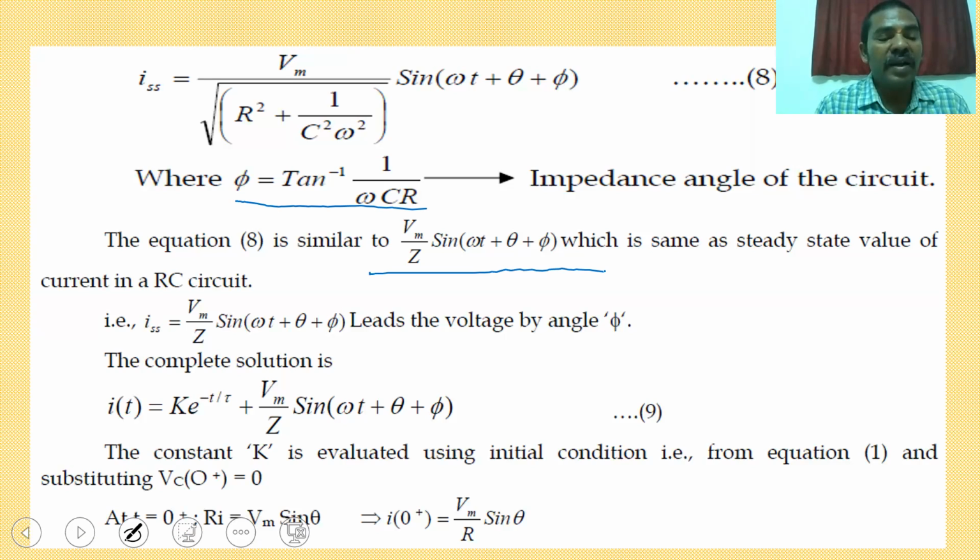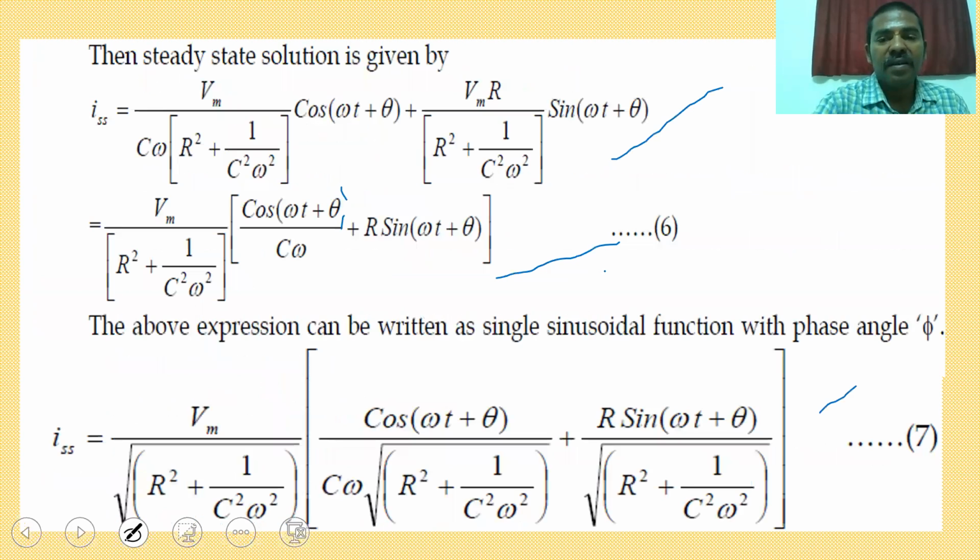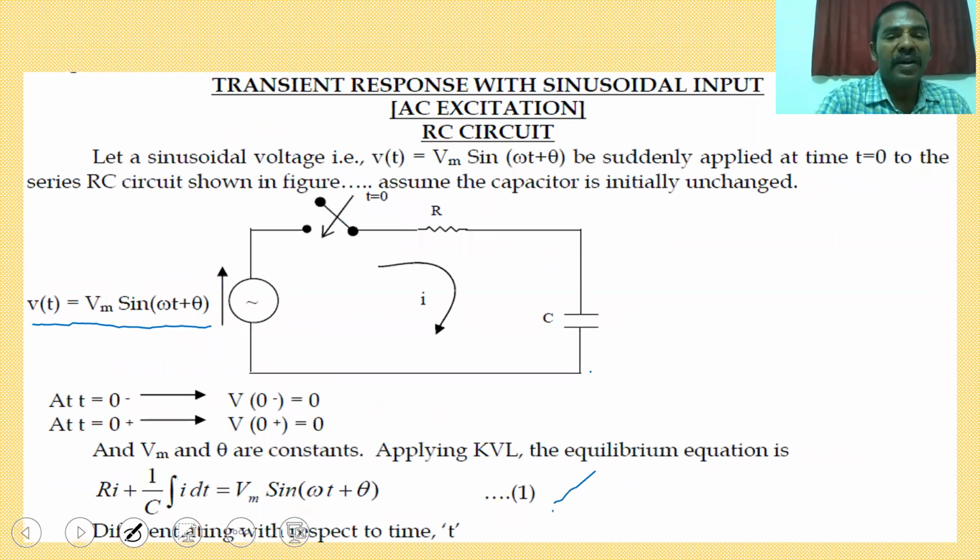So at t equal to 0 plus, the voltage drop across the capacitor is 0, which means it is short circuited. So only resistance is present in the circuit. So what is the current you can get?